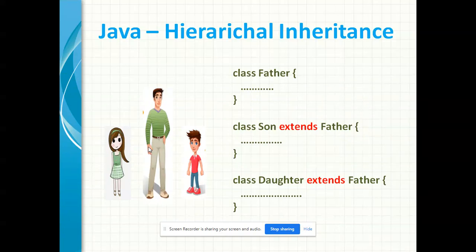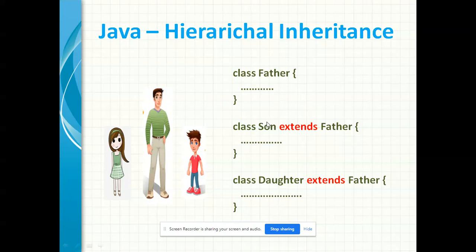So finally, father is the superclass. You can look at the syntax. Father is a superclass. It has two subclasses, one is son as well as daughter. So finally, you can look at this scenario very carefully. Son is getting functionality from father with the help of the extends keyword.